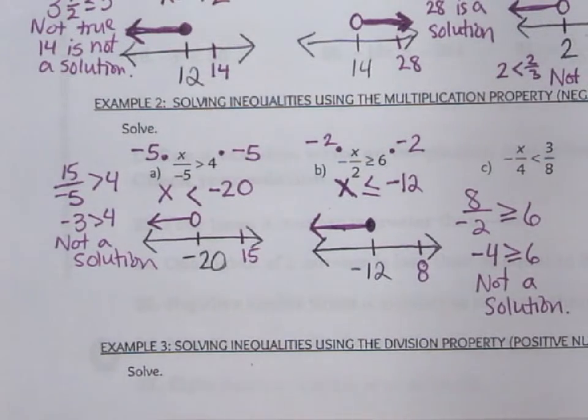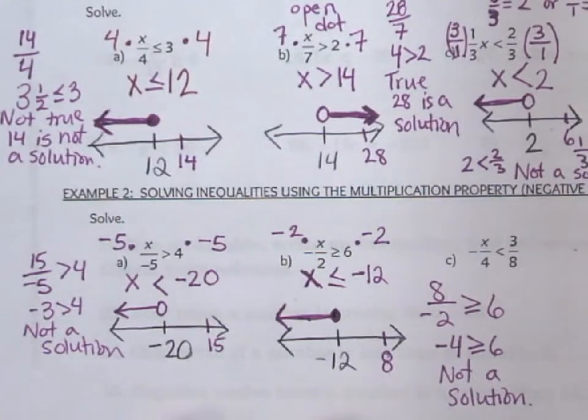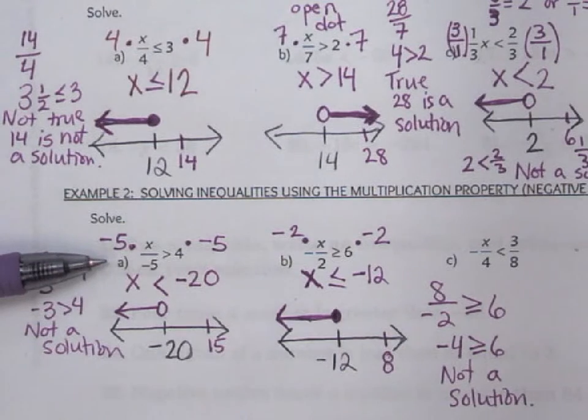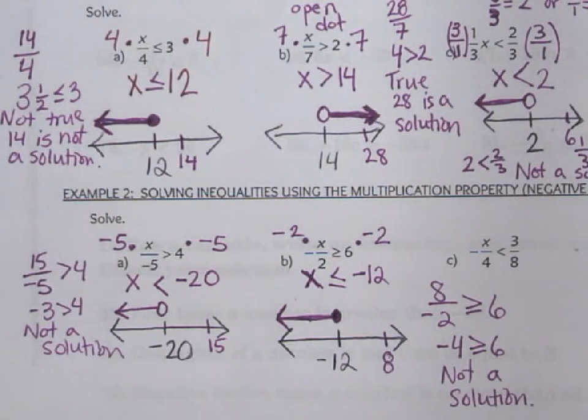Does anyone notice anything different between the two we just did and the ones we did above it? The inequality is switching. I was gonna say that they're negatives, so integers. Maybe. Yeah, so here we're dealing with multiplying by negative integers, and the inequality switches. Okay, and that's a rule, that's a property.